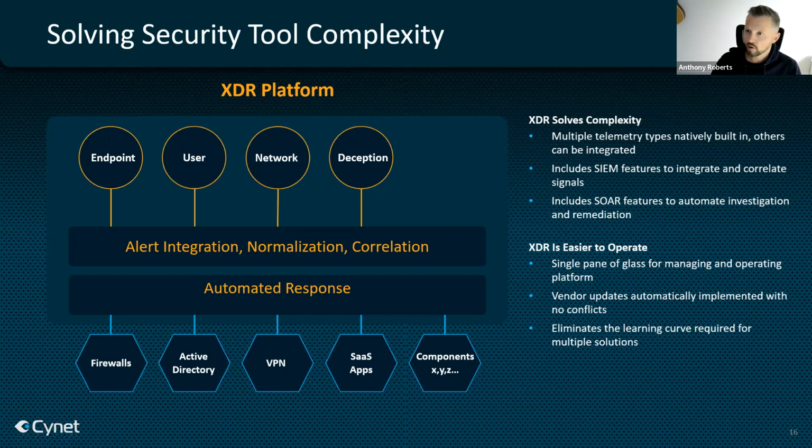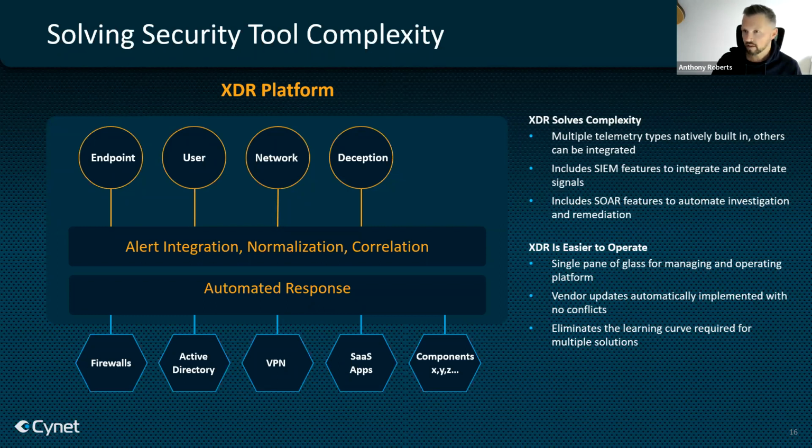We're able to collect all of this information about network activity, user activity, and endpoint activity, correlate it, and run AI against it. Having it all in a single platform makes it a lot easier to integrate together. It also includes SIEM features to integrate and correlate signals from the network as well.